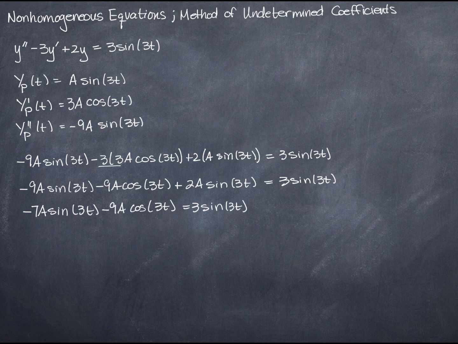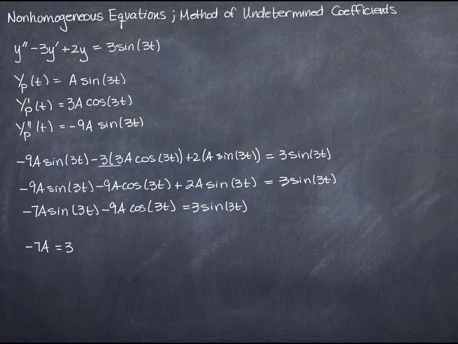Okay, so where I am now is, in order for the left-hand side and the right-hand side to be equal, the coefficients of the sines must be the same. So I can make the statement that negative 7a has to equal 3.